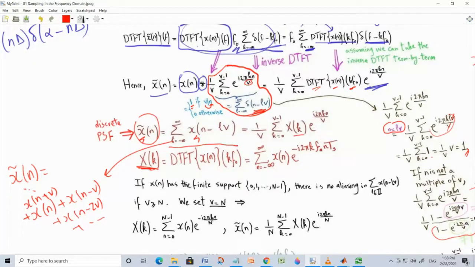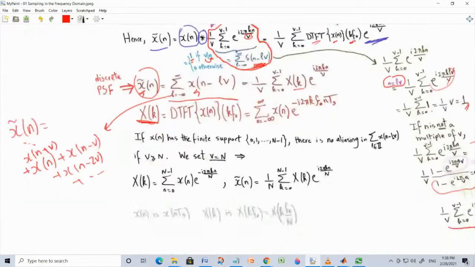So for many x of n's, this periodization will make no sense. But, for example, if x of n is just a time-limited signal, if it has a compact or a finite support, then this periodization actually may not be bad at all. So let's see what I'm talking about here.